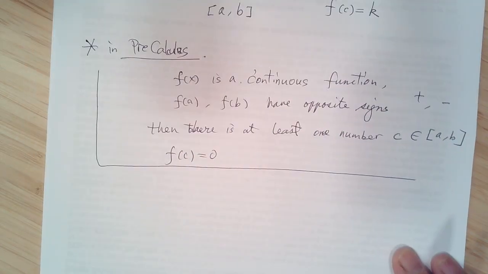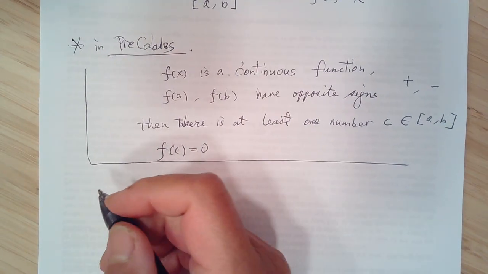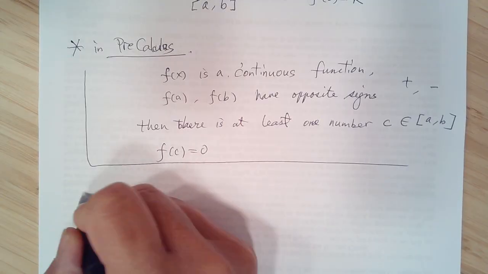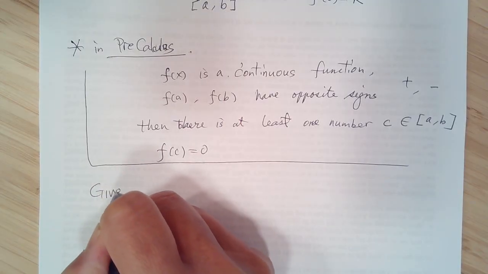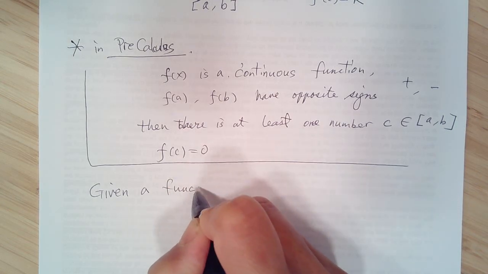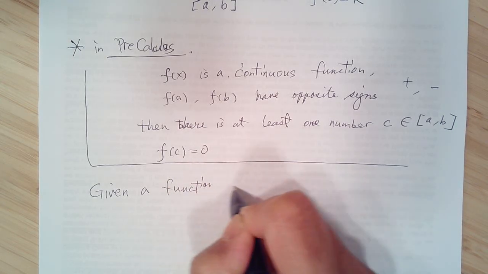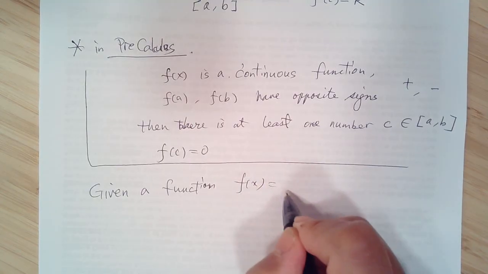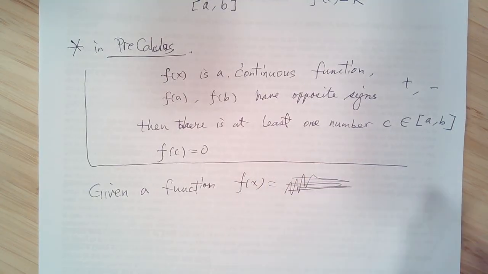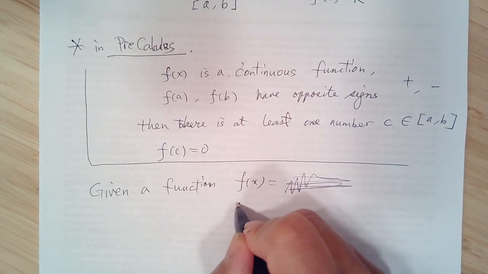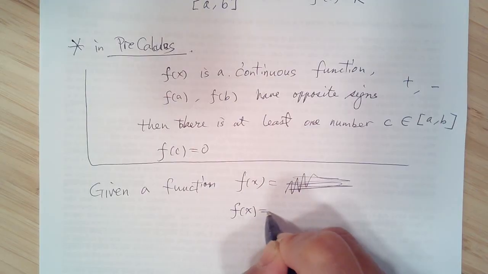All right. How do we use this? Sometimes you're given a function f of x, but it's very complicated. I don't want to write it. And I want you to find a solution for the equation f of x equals 0.